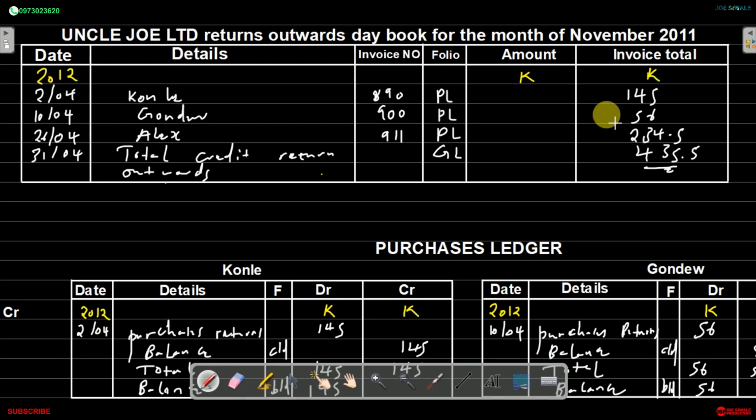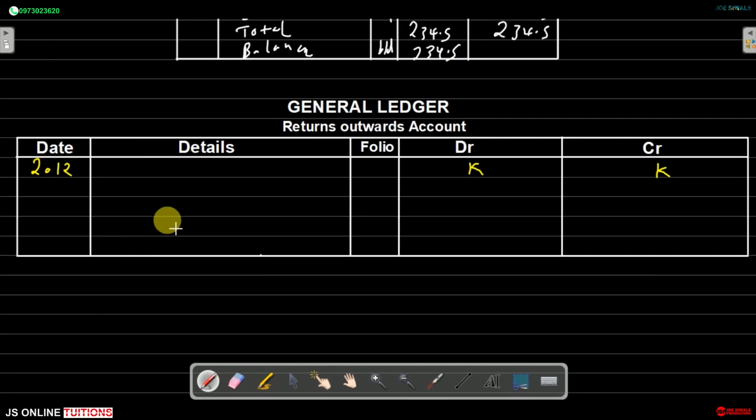And for us to do that, we have to identify the total credit returns outwards. The total credit returns outwards is 435.5. So in the returns outwards account, we can say 31st of April, we'll say total purchases returns.